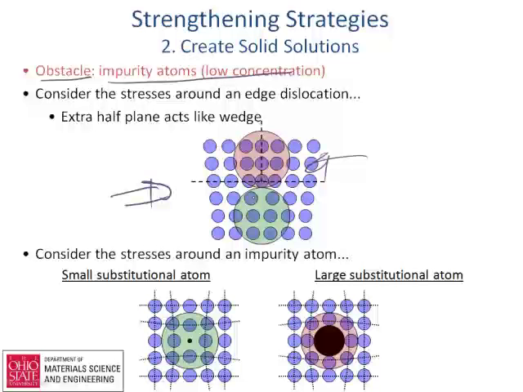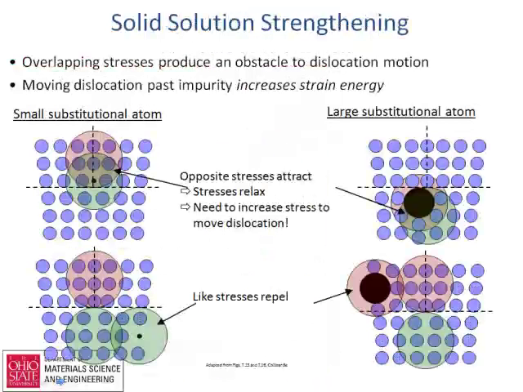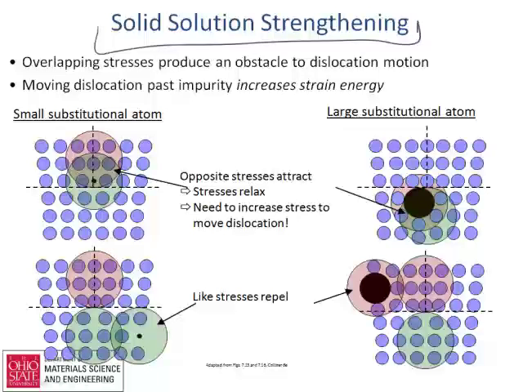If you've got a large substitutional atom that takes up more size than everything else, where might that want to go? Well, that one would probably want to go in a place like this where there's extra room. So if the atoms go in those locations, there's actually an interaction energy between the dislocation and the atom, and they couple like that, and they tend to hold each other in place. So that's what we end up seeing. That's the origin of solid solution strengthening, those interactions between the dislocations and the solutes.